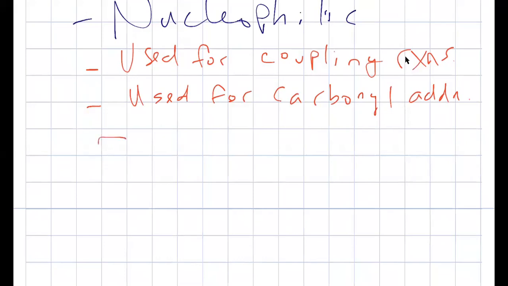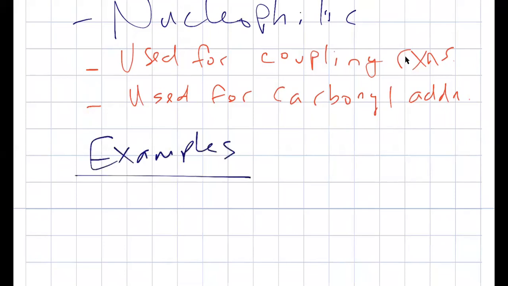So let me switch colors right quick. So an example of a coupling reaction, let's say I'm going to just keep the same simple organometallic.